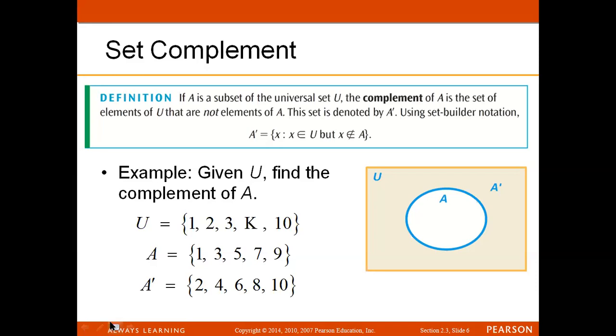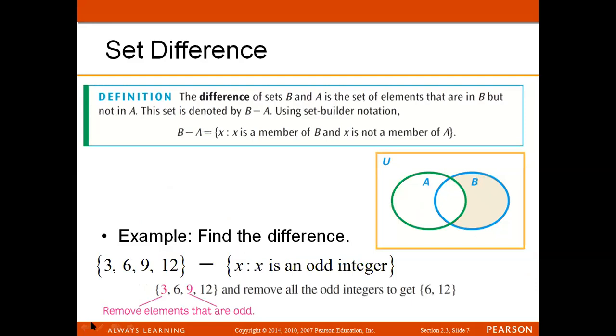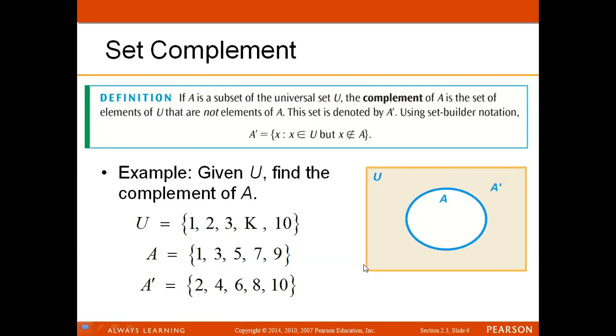For example, if U were the numbers 1, 2, 3, dot, dot, dot, to 10, that's supposed to be dot, dot, dot.